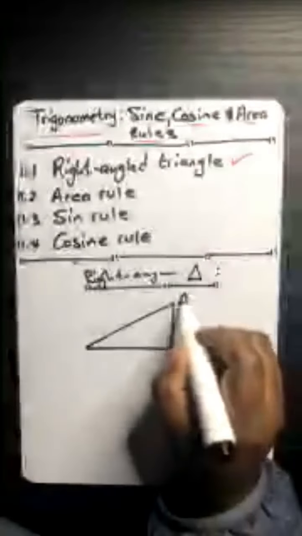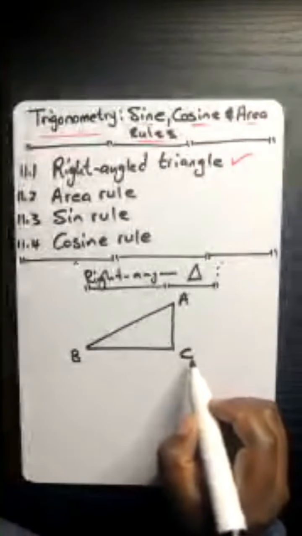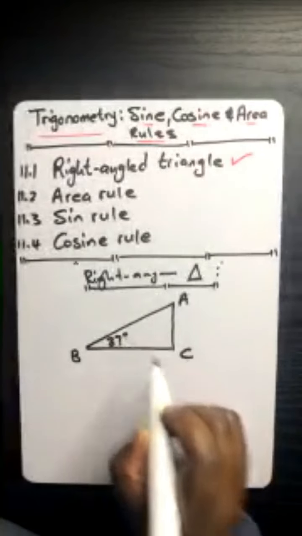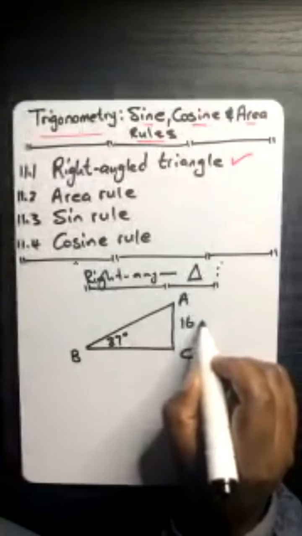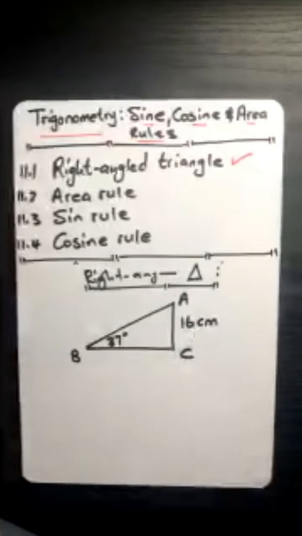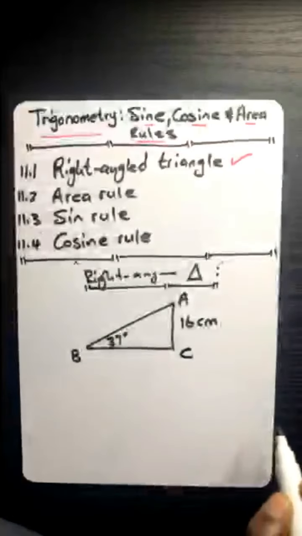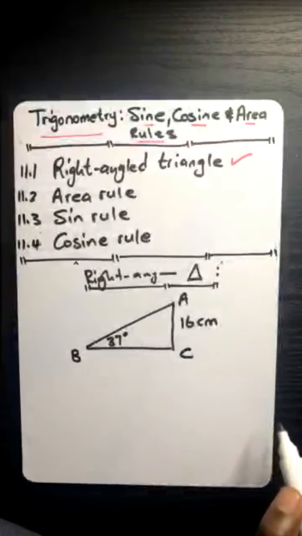It's given as that being point A, this being point B, this being point C. And they say we've got 37 degrees over there, and then we've got 16, let's say, maybe the unit is 16 centimeters. Ladies and gentlemen, always, the moment you start seeing a triangle, ask yourself this question.